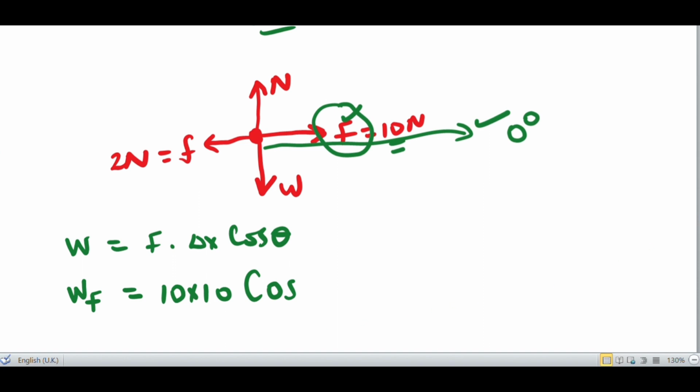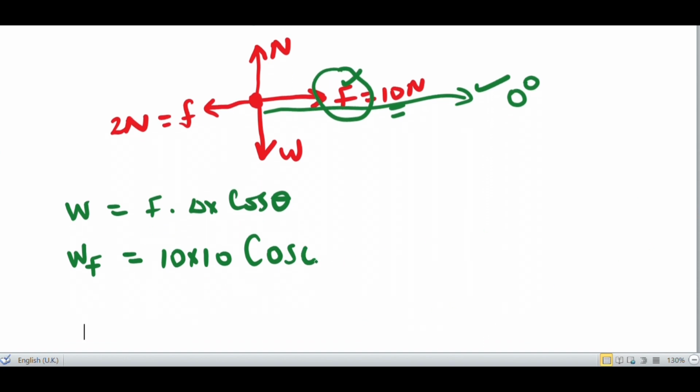So the answer is 100 joules, and it is positive. That is the work done by the force applied. The angle is 0 because they are going in the same direction as the displacement.